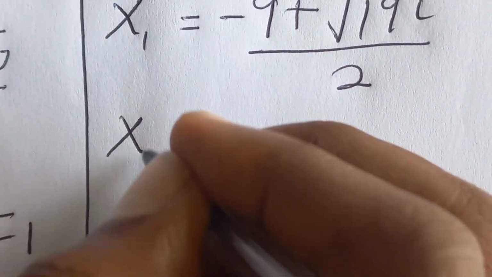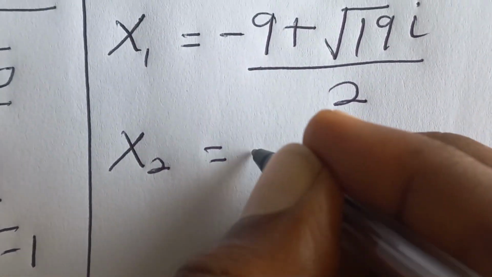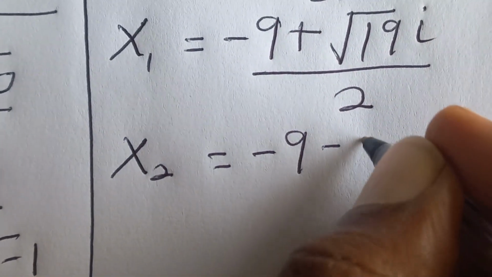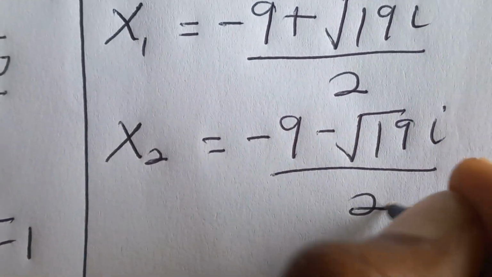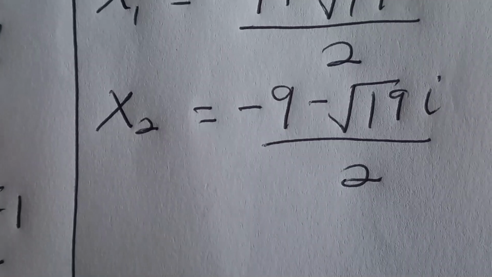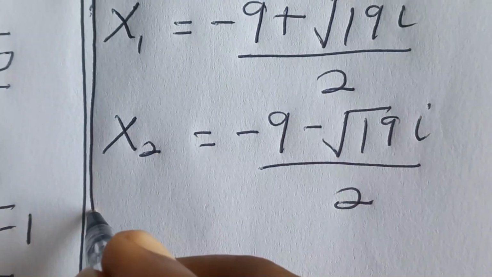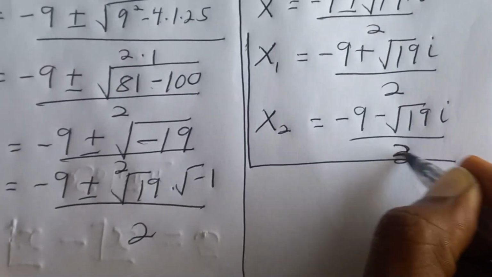And x2 is equal to minus 9 minus square root of 19 i, all on 2. Okay, so this is our solution of the expression.